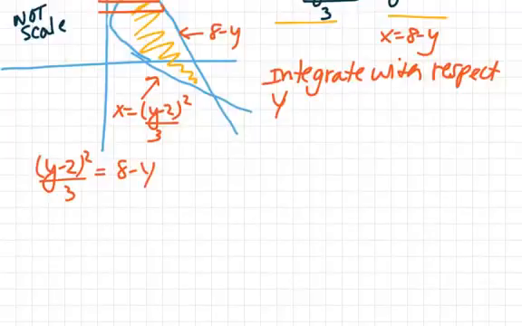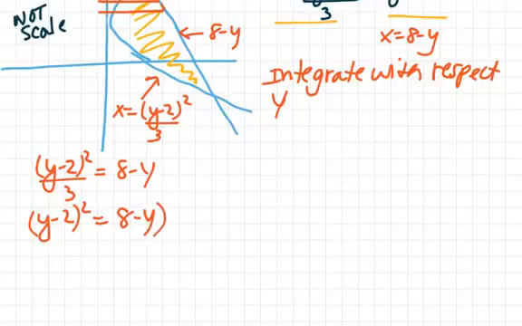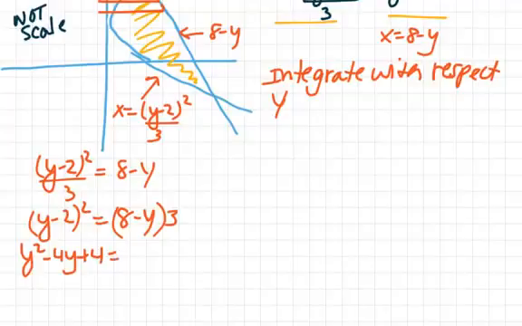So let's expand this. Square of a binomial, 8 minus y times 3. So on the left hand side you're left with y squared minus 4y plus 4, and on the other side you're left with 24 minus 3y.